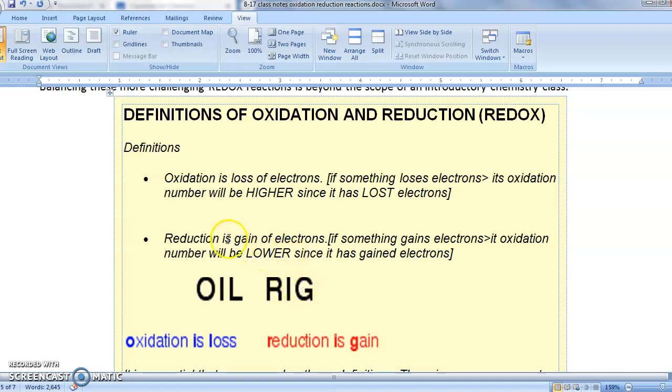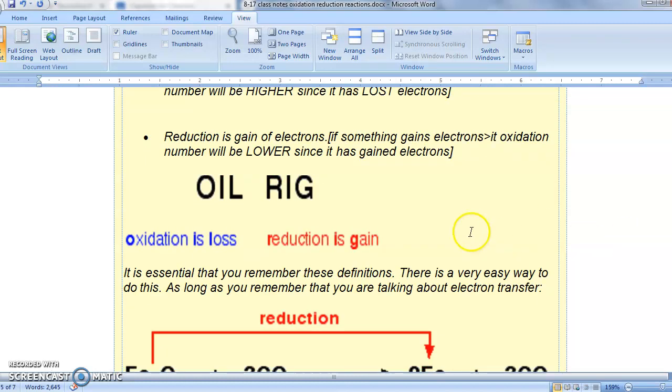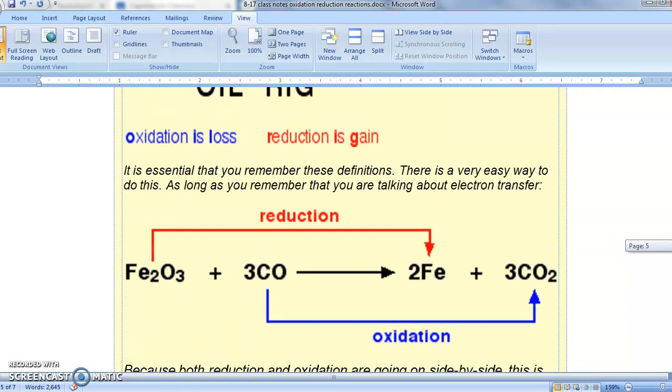The acronym for that is RIG, R-I-G, reduction is gain. An easy way to remember that oxidation is loss and reduction is gain is through the OIL RIG memory device.